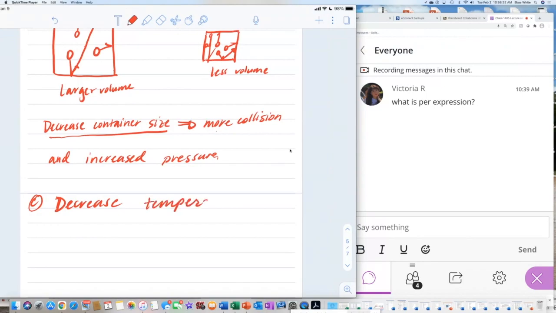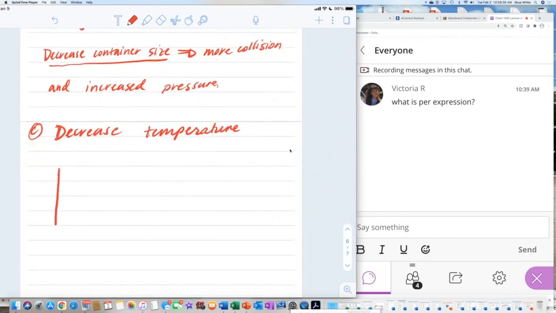So what if I don't change anything else? The size is the same, molecules are the same, but all I do is make the container cold. Somehow I decrease the temperature. So what does the temperature do to the collisions?